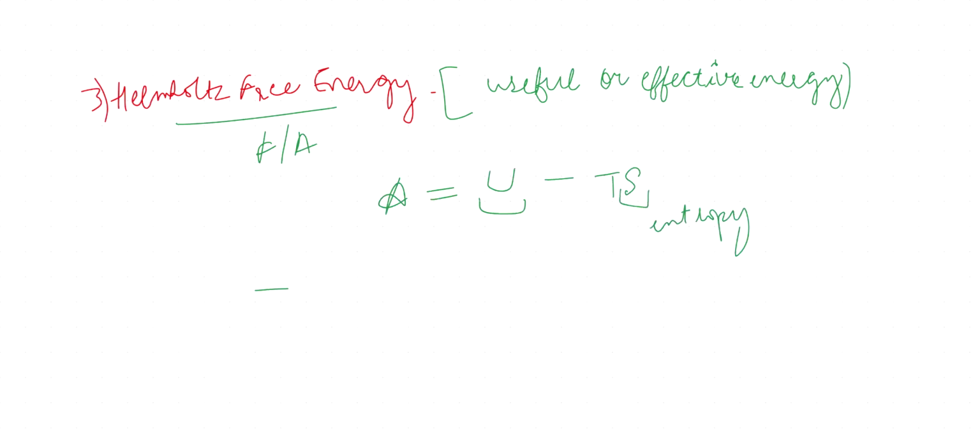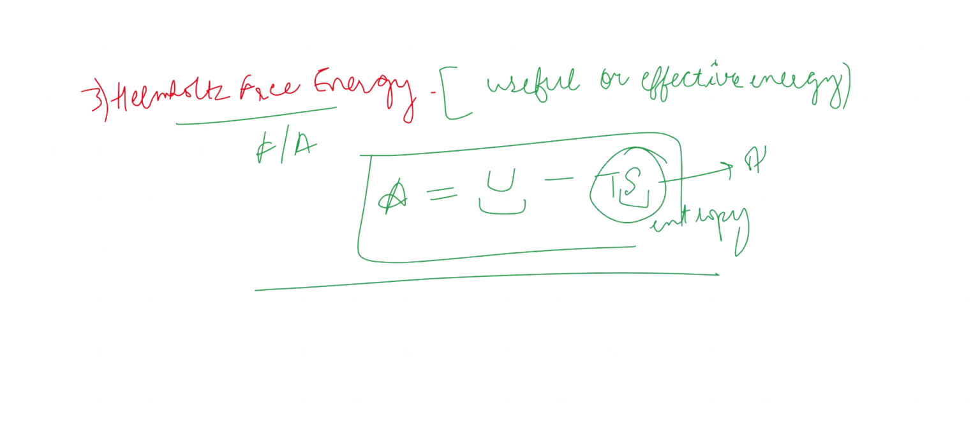If we understand it with the analogy, if things get more chaotic in the kitchen, in the system it means there is more entropy. If this factor is more, then the free energy will be less. If this is 20 and total energy is 100, then it will be 80.